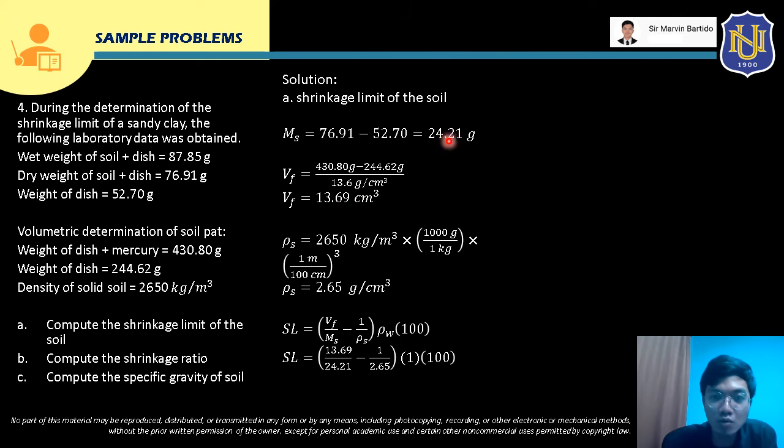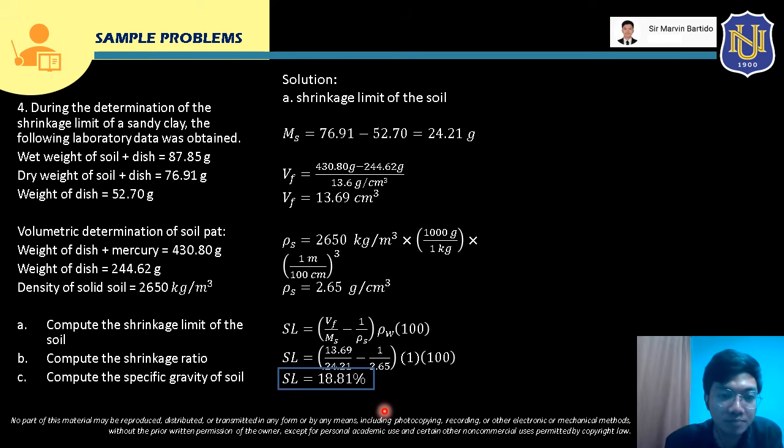M sub S, 24.21 grams minus 1 over 2.65, gram per centimeter cube yan, yung density ng soil solid. And then yung 1 is density ng water, 1 gram per centimeter cube, times 100. Computing this, ang lalabas dito ay 18.81%. So this is already the shrinkage limit.